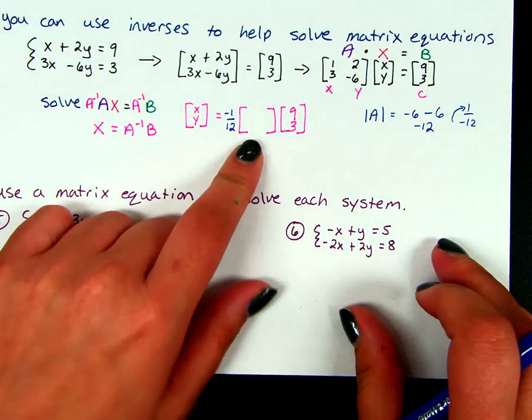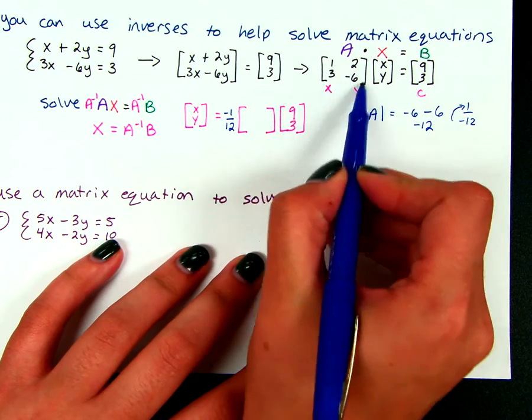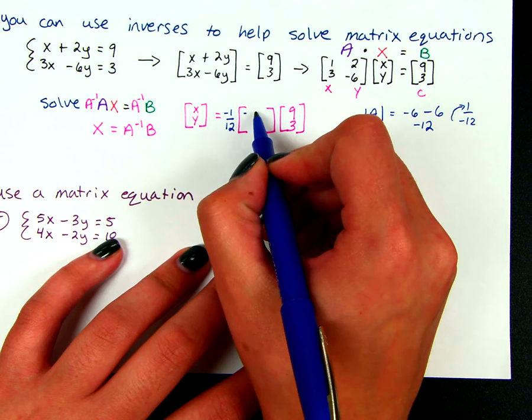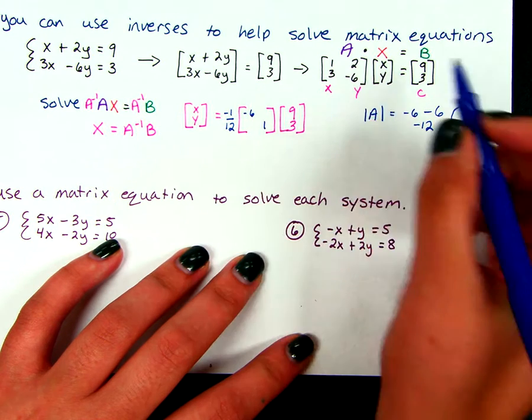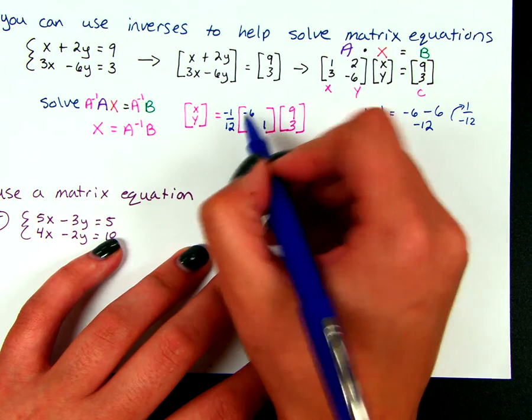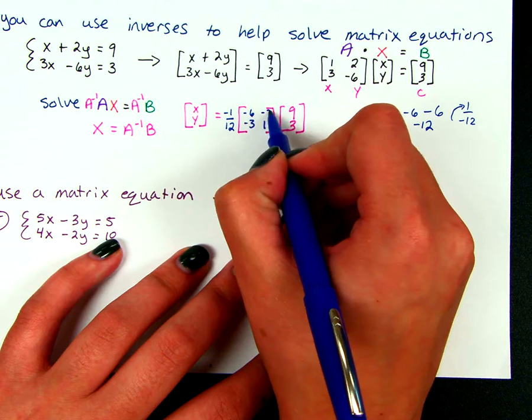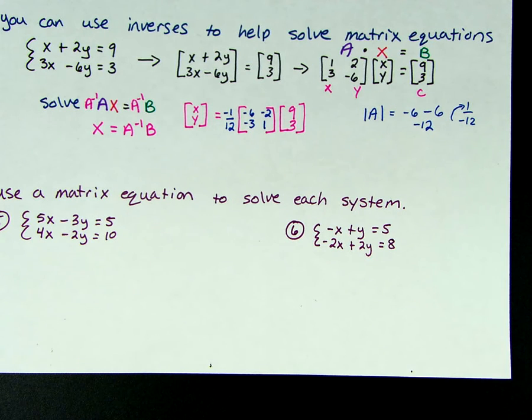And then in here, we are flipping the positions along that forward diagonal. So -6 and 1 switch positions, and then the signs change along the opposite diagonal. So -3 and -2. And now we are multiplying. Now remember, the associative property holds for matrices.